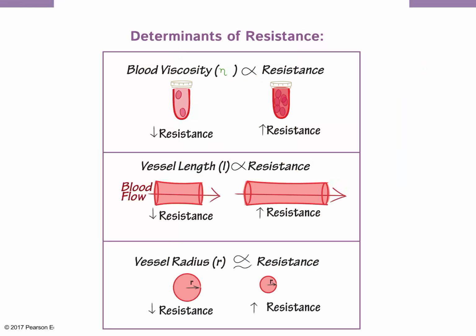All right, so let's talk about our resistance. Resistance is what's going to slow down the flow of blood. And it's going to include things, as we can see here, the radius. The diameter of your blood vessel is controlled by your nervous system, by the autonomic nervous system and sympathetic nervous system.